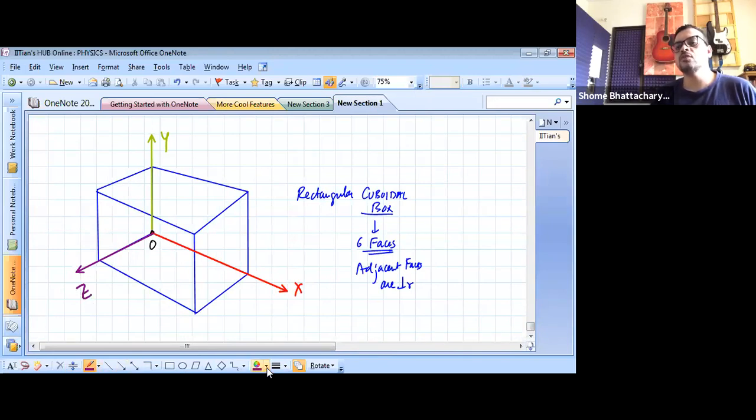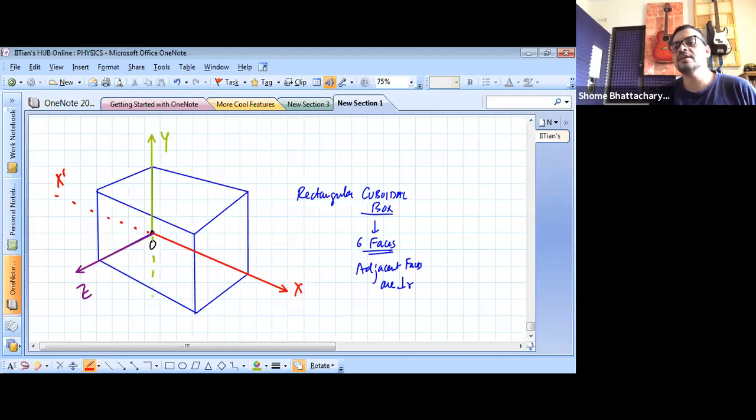And of course, opposite to your x-axis, you have the negative x-axis. So that is also there. These axes continue like this. This is your x prime axis. Similarly, this continues down like this.